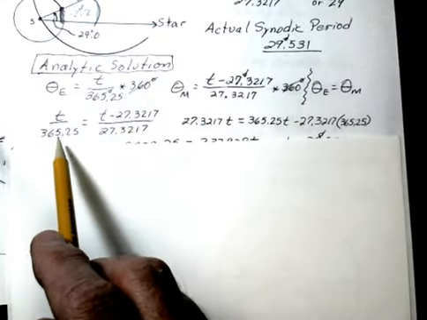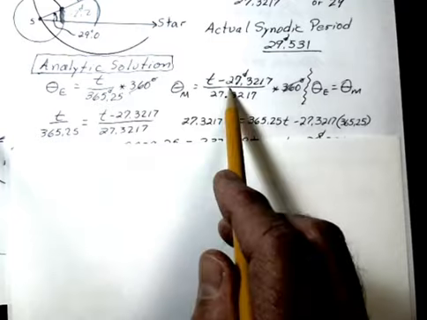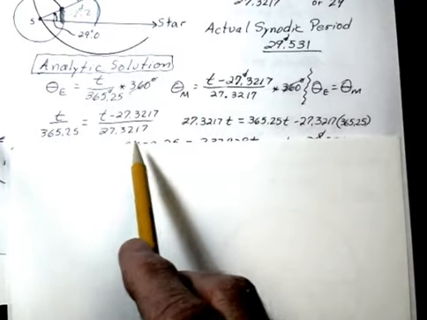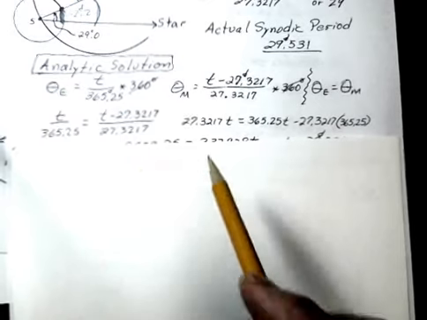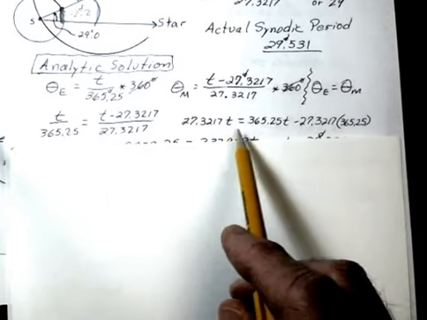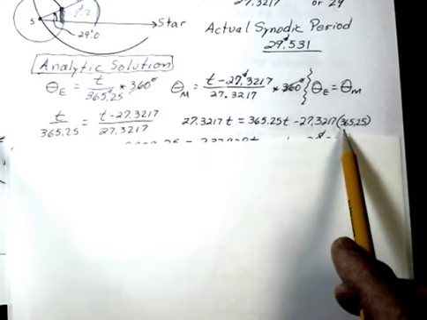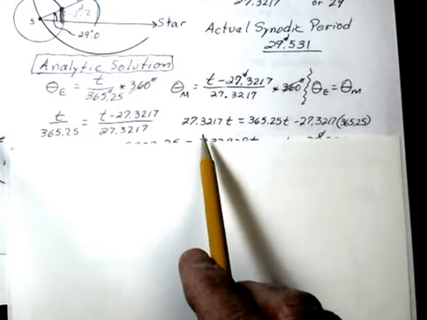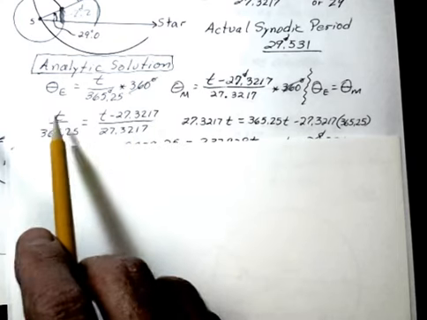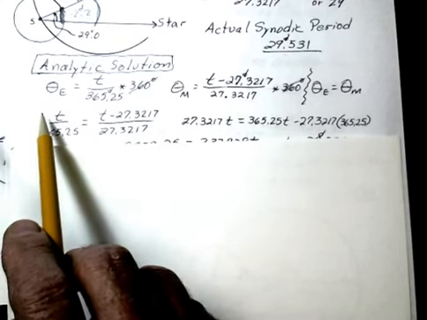So t over 365.25 is t minus 27.3217 divided by 27.3217. Cross multiply, and we get this equation. Multiply both sides by 27.3217, so there's a cancellation on the right side. We've got that coefficient on t on the left side.